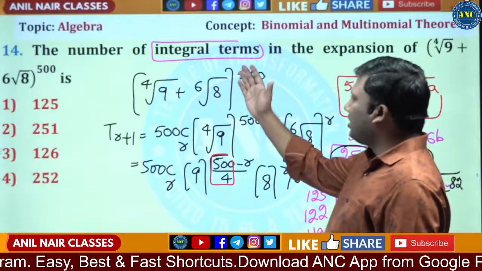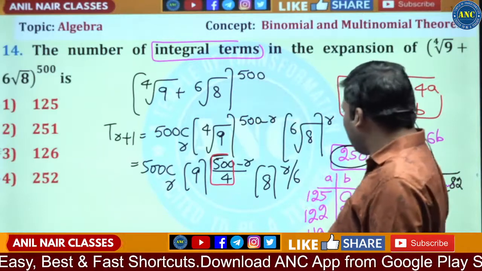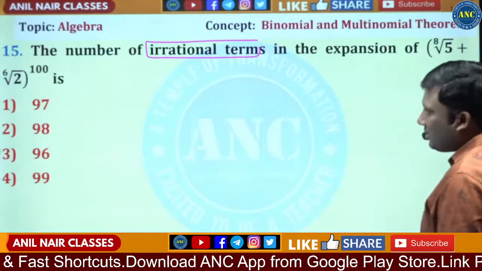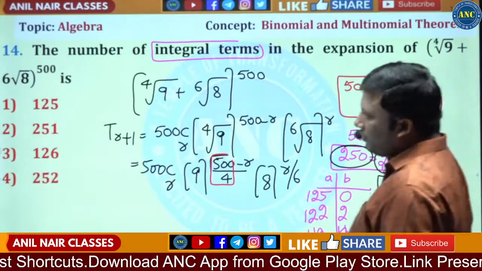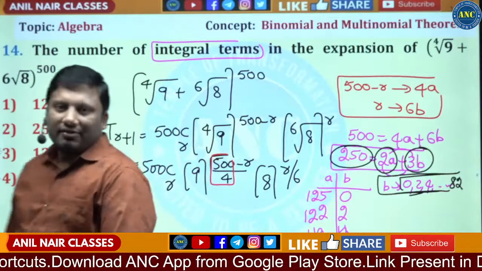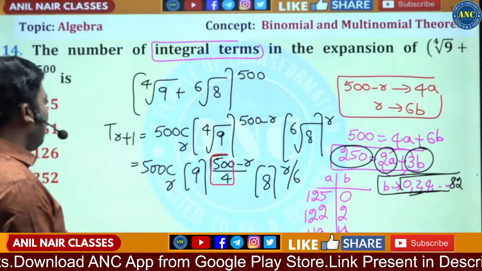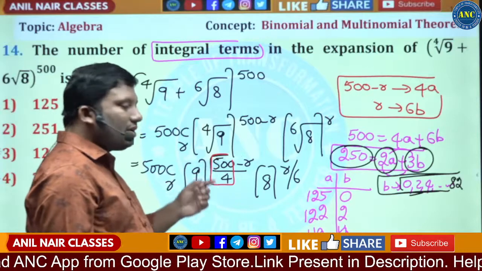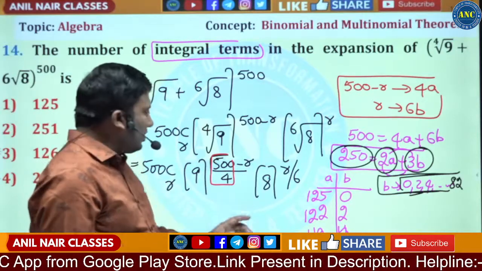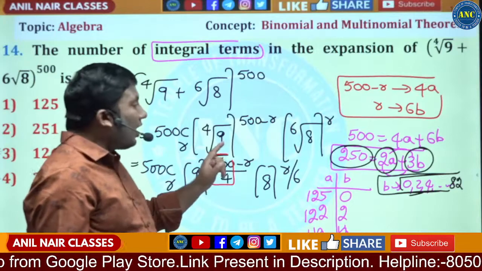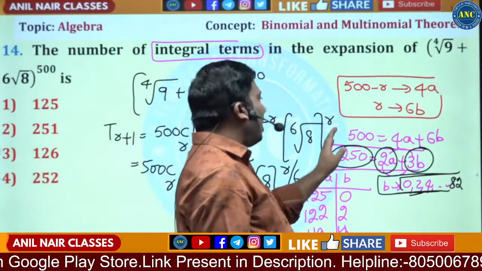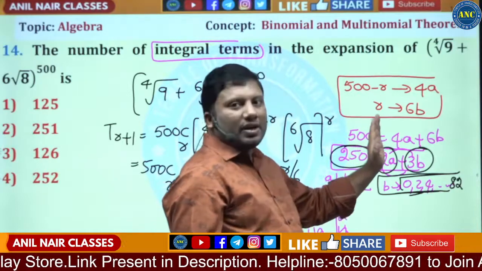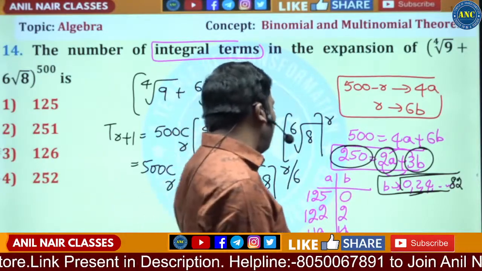So the question is the number of integral terms. How many integral values will we get? Find the number of integral values: 500 CR, 9 power (500 minus R) by 4, 8 power R by 6. 500 minus R should be divisible by 4, R should be divisible by 6, so 250 is equivalent to 2a plus 3b.